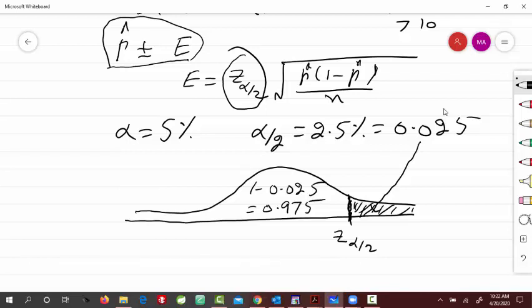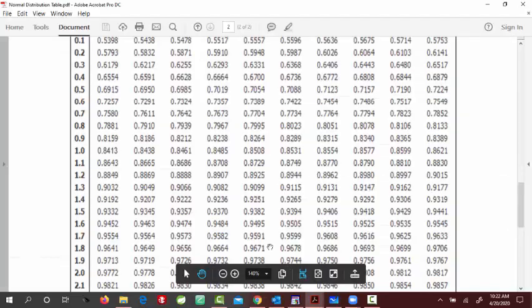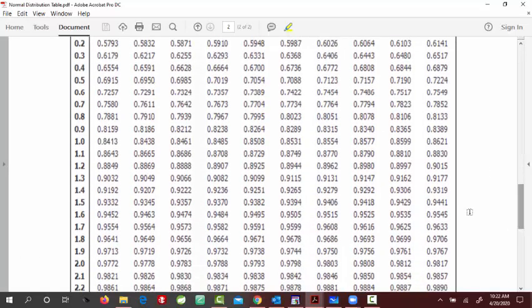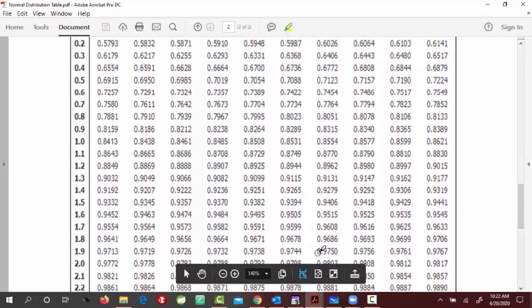Which is equal to 0.975. So now from the standard normal distribution table, we look for this area 0.975 and then find the corresponding z sub alpha by 2 value. This is the area, and this is the corresponding z value.